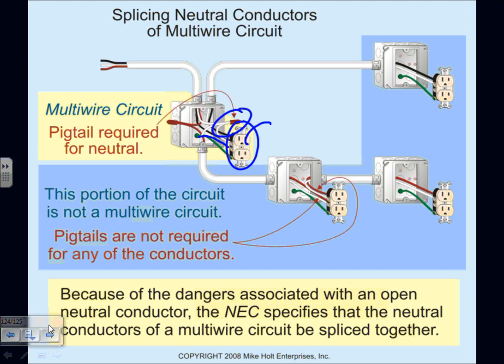So if you are wiring a multi-wire branch circuit, the first thing you need to do is pigtail the neutral. Must. You can't land the neutral in and out at the device, because if I replace this device, the neutral opens. The worst thing that could happen when you open a neutral is you burn equipment.